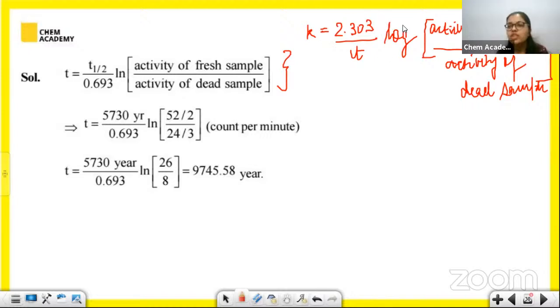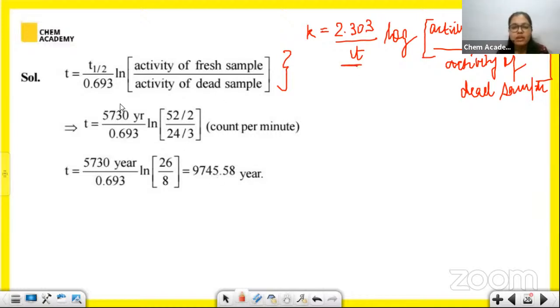Now, if we have to change this 2.303 log, it will convert into ln. So if you have ln in the question, you can simply multiply it by 2.303. On substituting the values, we can calculate the value of t.